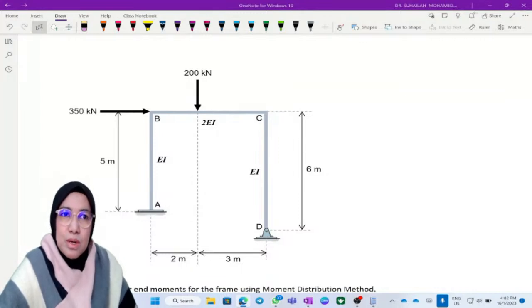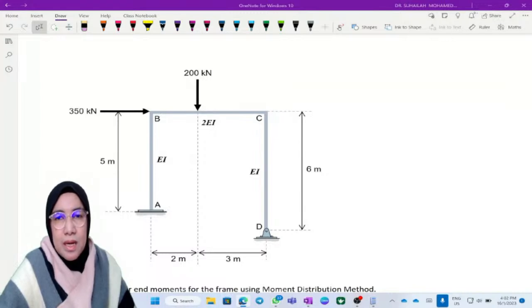Under this topic number 3, moment distribution method, we cover beam analysis as well as frame analysis. This is frame analysis. In frame analysis, actually we have two types.